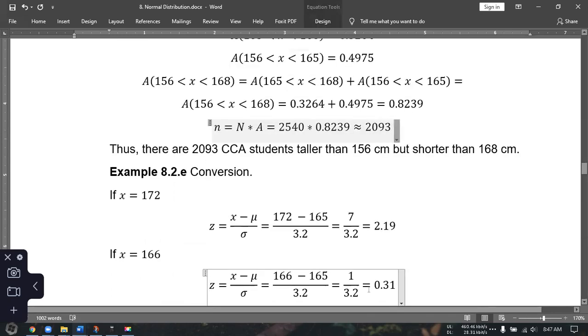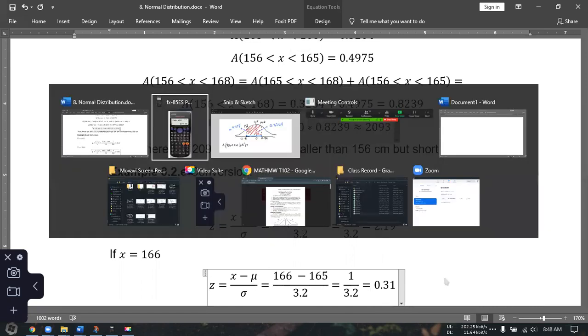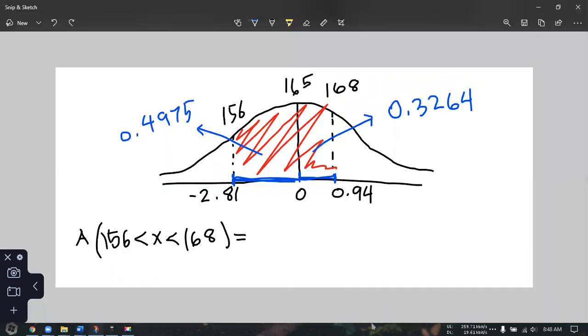So we have to find the area from 166 to 172. Please take a screenshot of this.